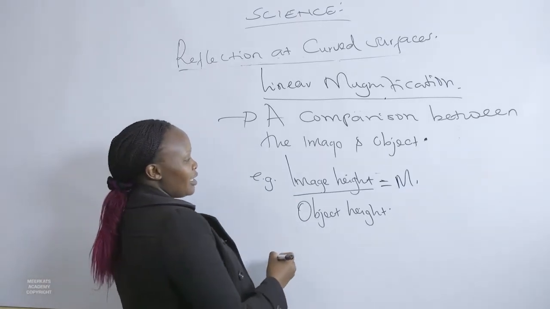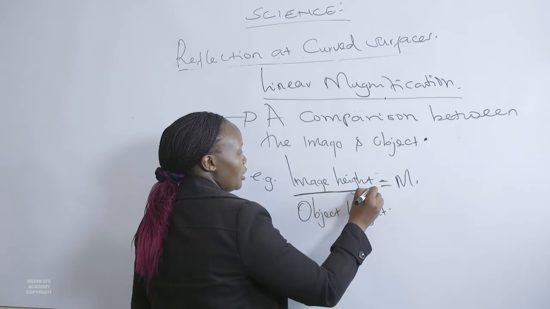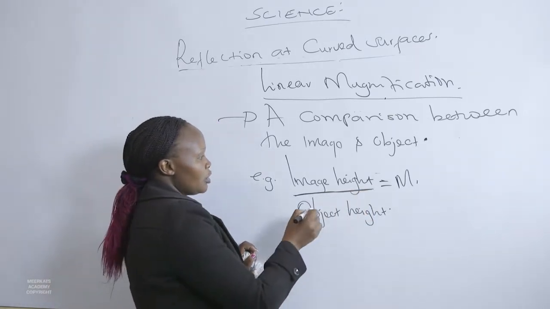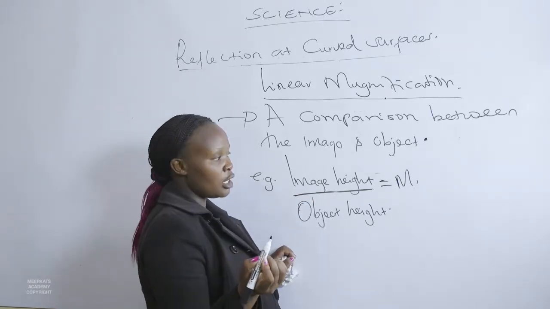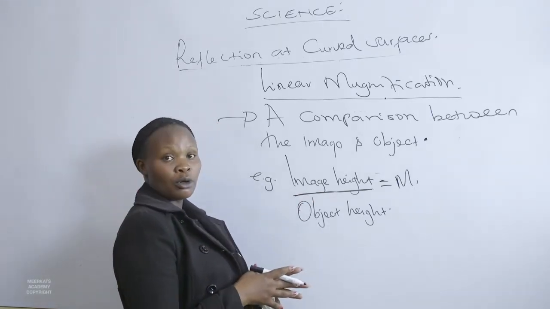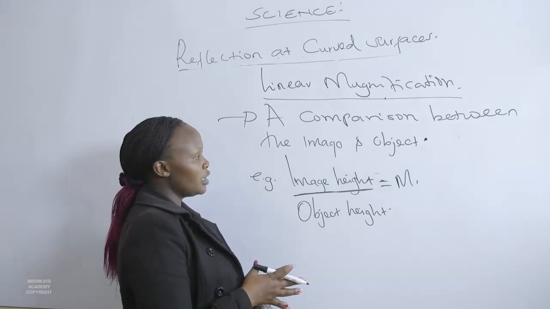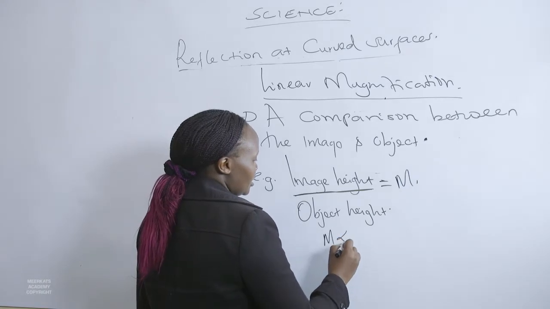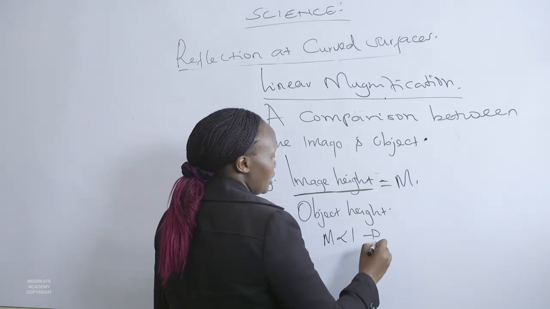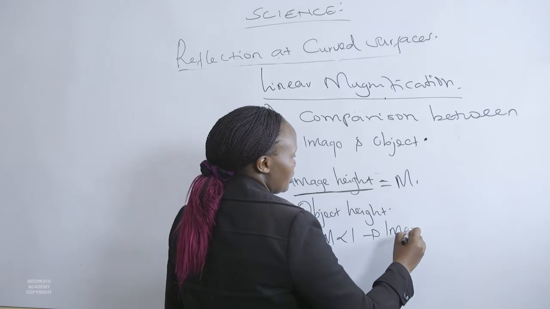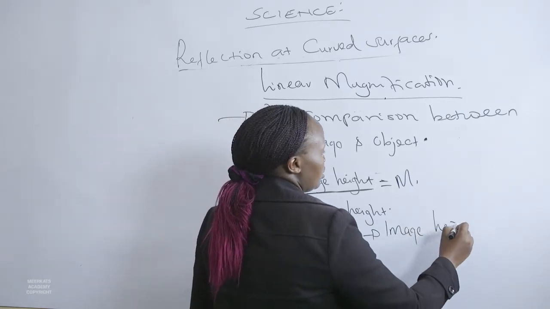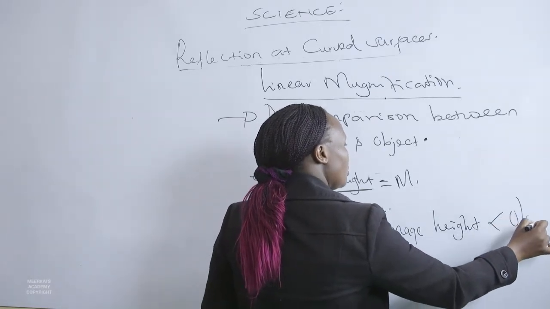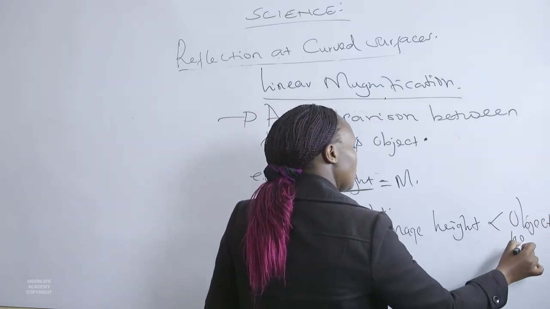Here, the image height could be much bigger or much smaller. Now, depending on the size of image relative to that of object, we can talk about linear magnification. Now, where magnification is less than 1, it means image height is smaller than the object height.